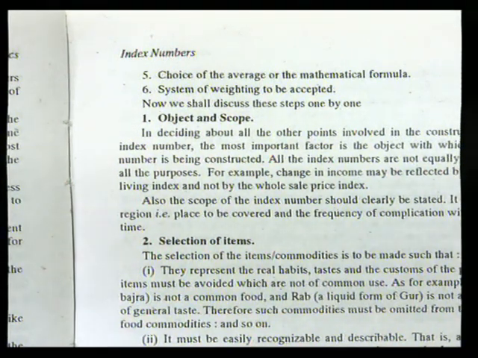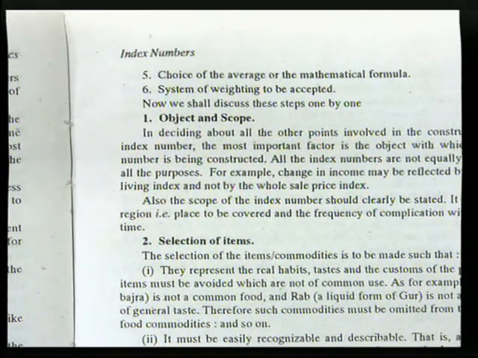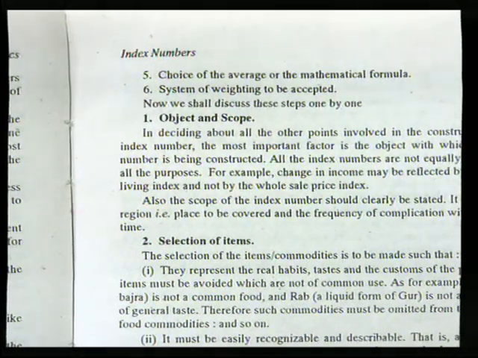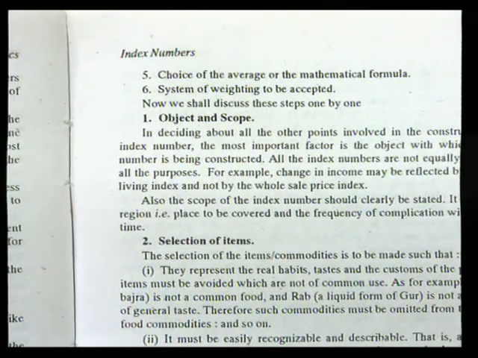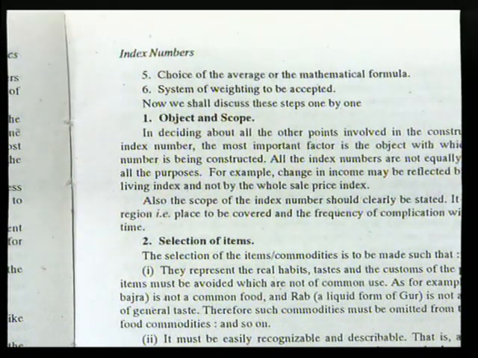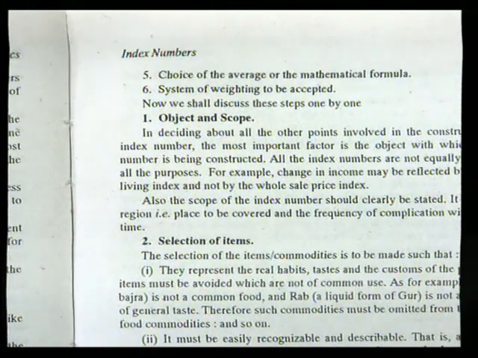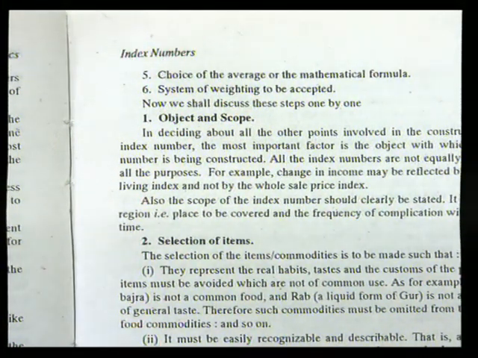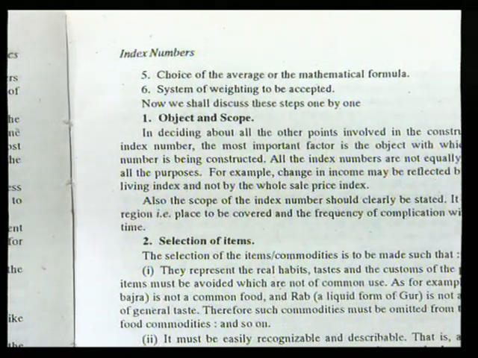Okay, now we shall discuss these steps one by one. Let us see object and scope. In deciding about all other points involved in the construction of an index number, the most important factor is the object with which an index number is being constructed. All index numbers are not equally suitable for all purposes.